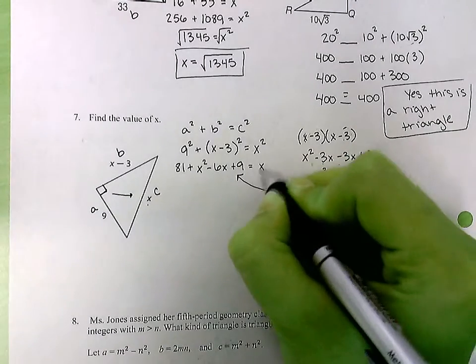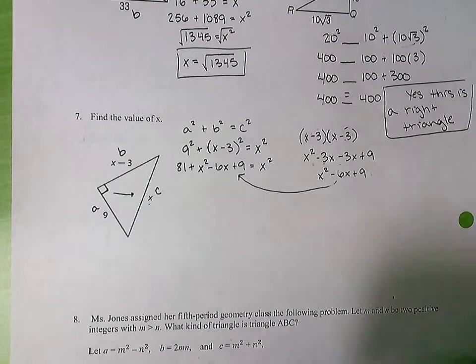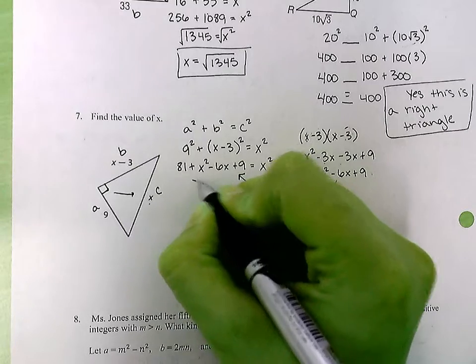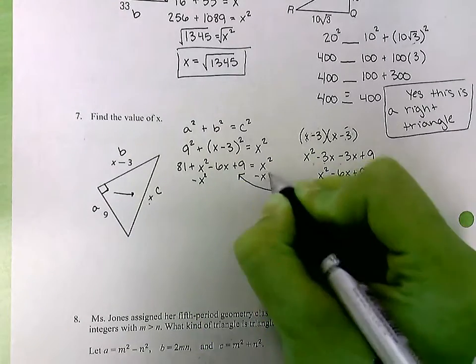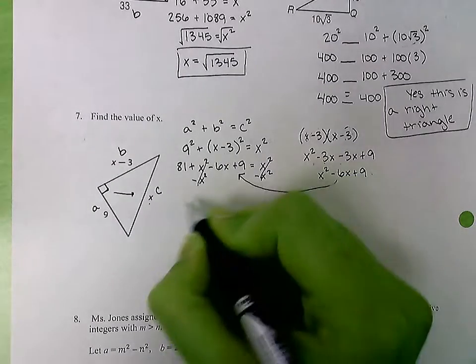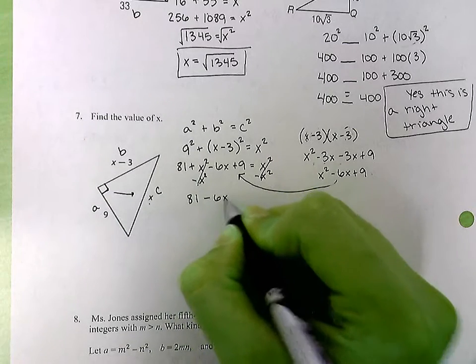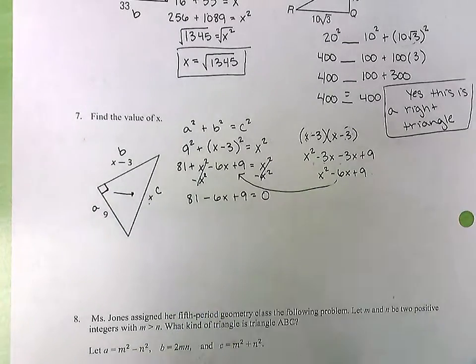That is equal to x squared. Next, I'm going to subtract x squared from both sides. What happens? They cancel on both sides. So I have 81 minus 6x plus 9 equals 0.